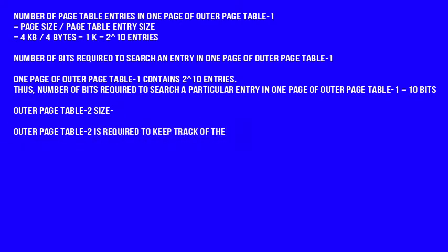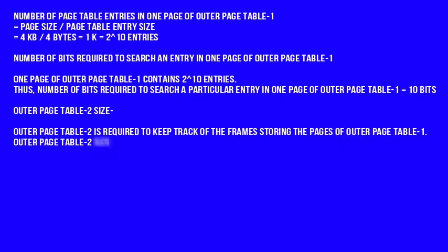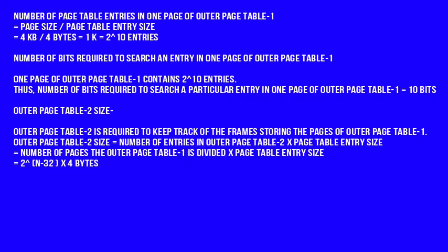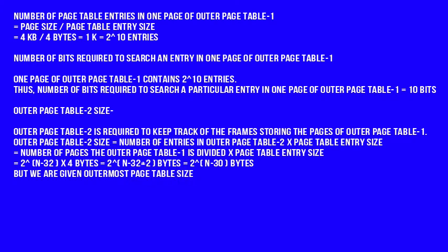Number of bits required to search an entry in one page of outer page table 1: one page of outer page table 1 contains 2^10 entries. Thus the number of bits required to search a particular entry in one page of outer page table 1 equals 10 bits.